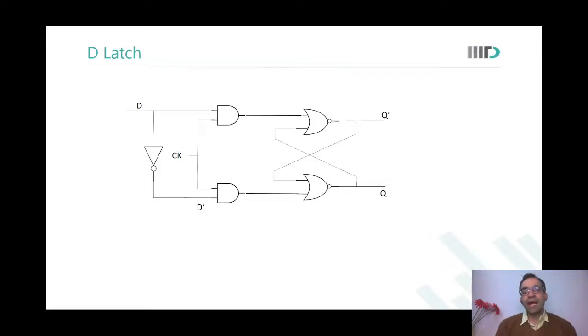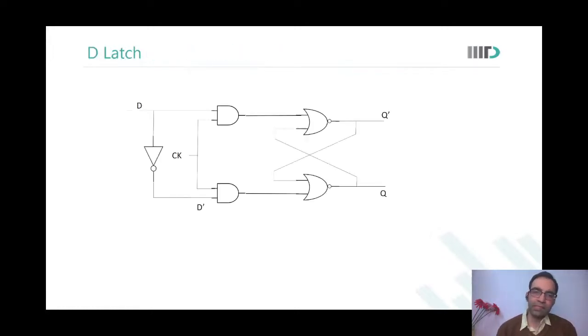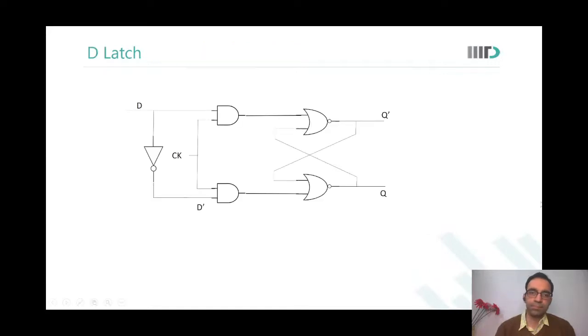Now, this D-Latch, if I ask you to implement it in CMOS logic, can you do this for me quickly and tell me how many transistors you need? You can put the number of transistors in the chat window. I want you to implement it using complex gates, no problem there, but in full CMOS logic.